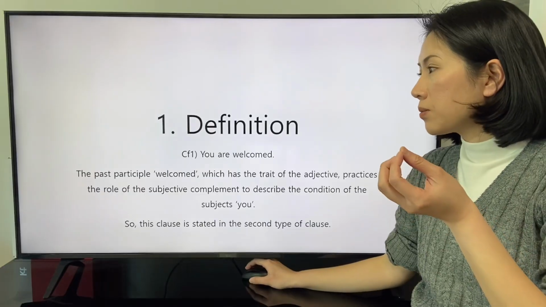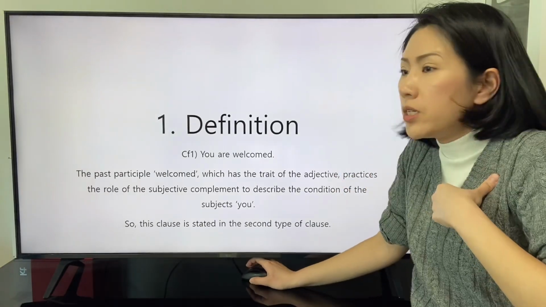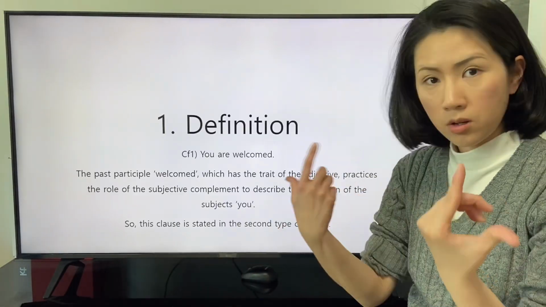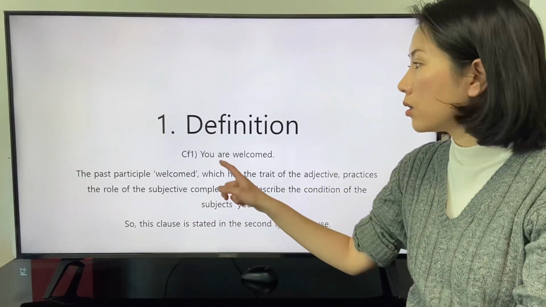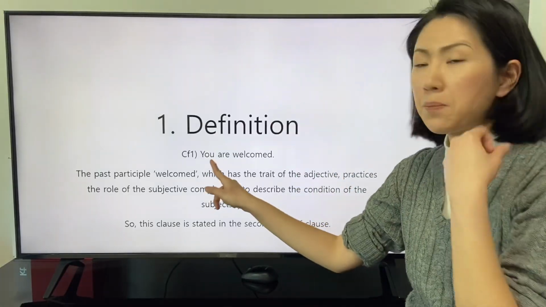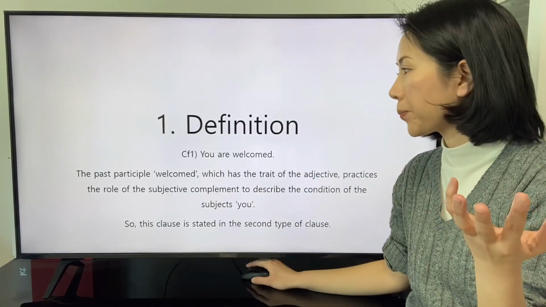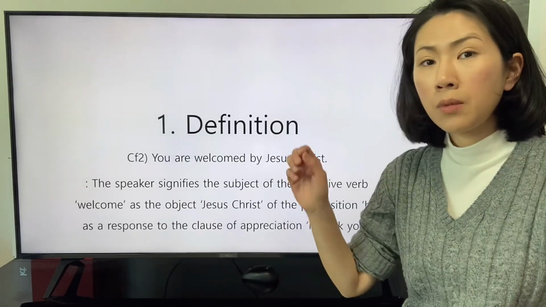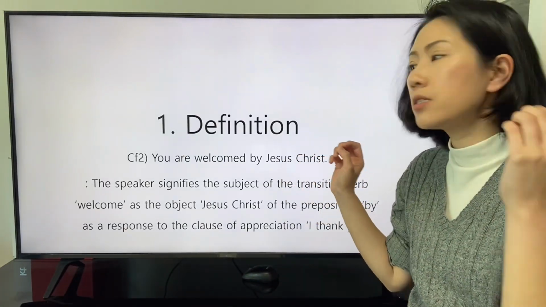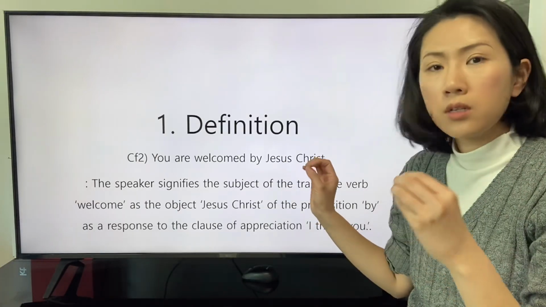In this clause, we did not state the subject that interacts with the object, the listeners. But in this clause, the subject is stated as Jesus Christ.